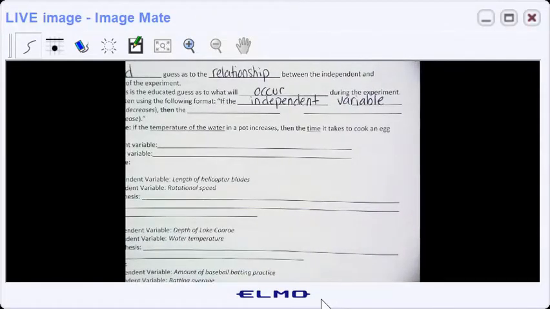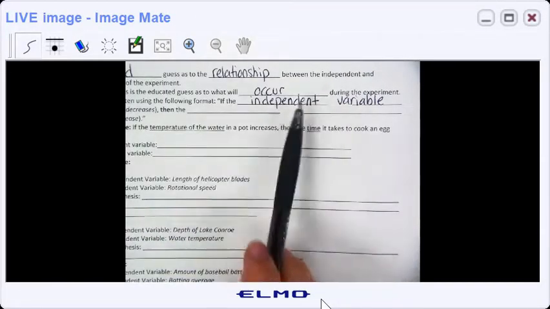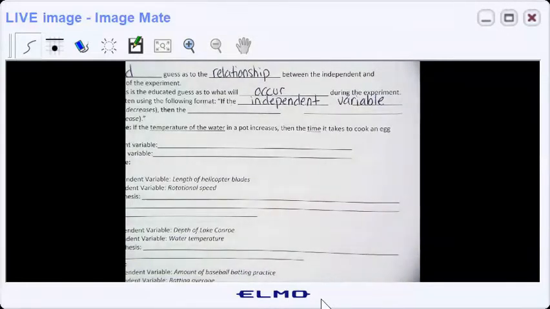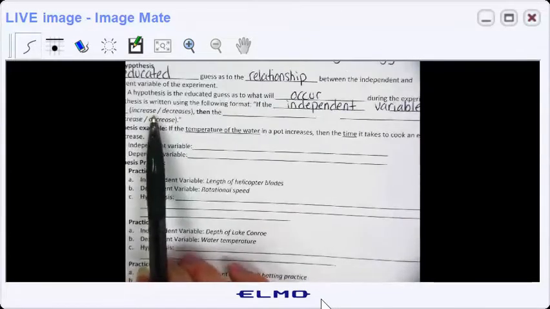So just like when we are writing or reading questions, the independent variable goes first. So we have "if the independent variable," and then you can pick either increases or decreases.